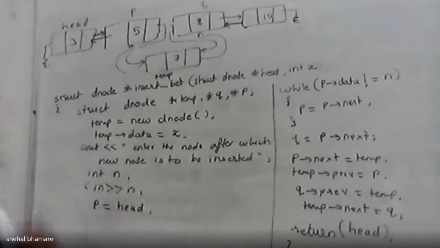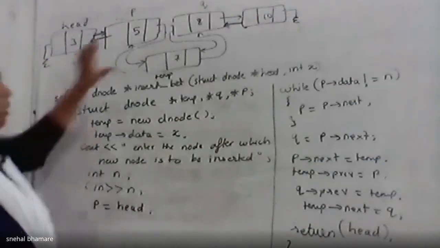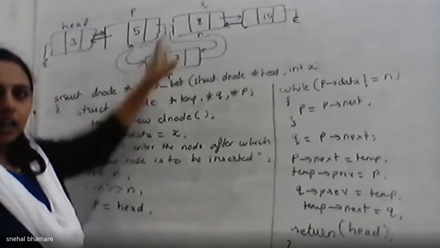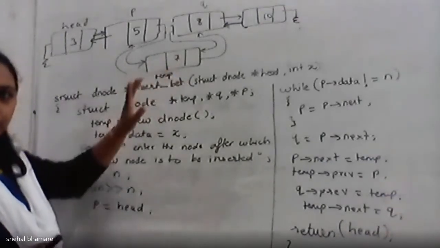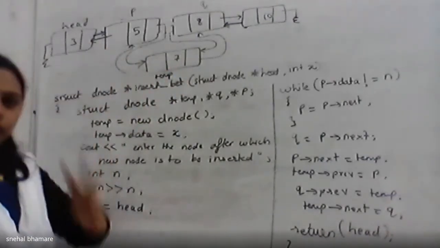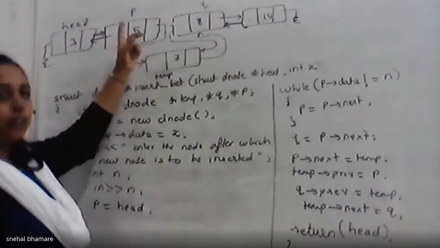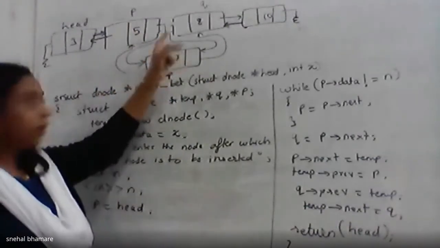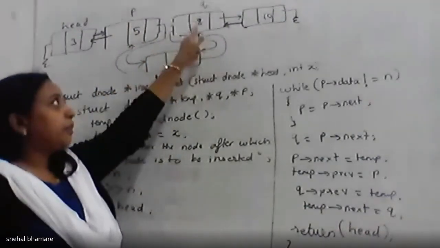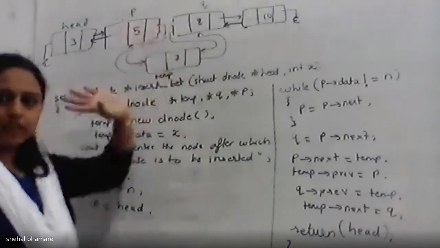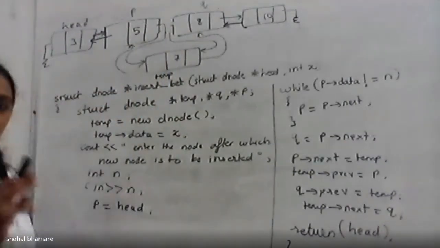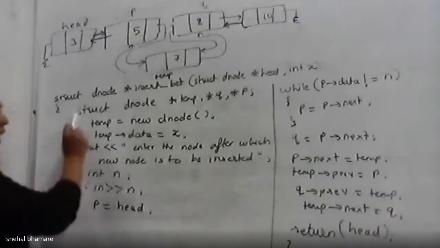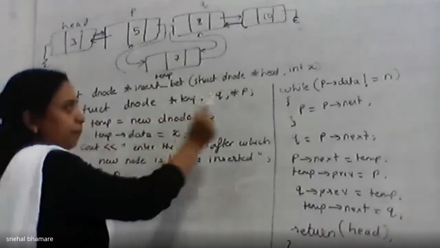So what we have to do basically, I'll take a temporary node and allocate memory for that node. In the data part, I will copy the data, right? I will require two variables, one for pointing the node after which you want to insert the node, and the next variable will point to the next node of this node, right? So basically, I require three node variables. So here I have taken three node variables, temp, p, and q.